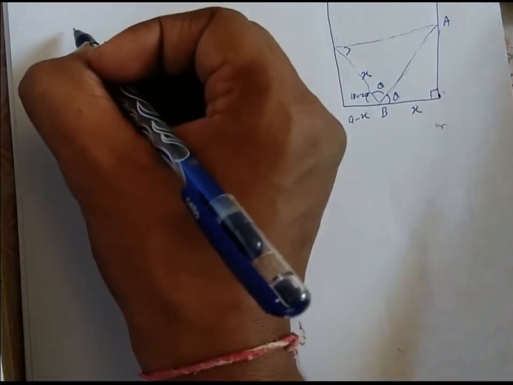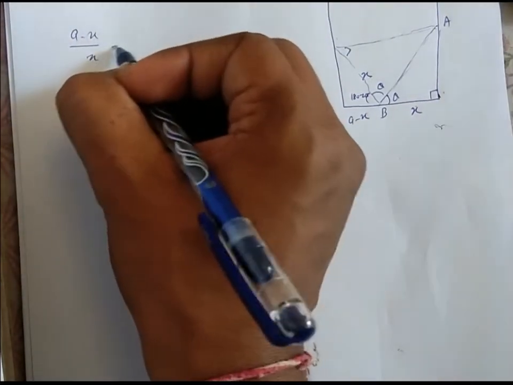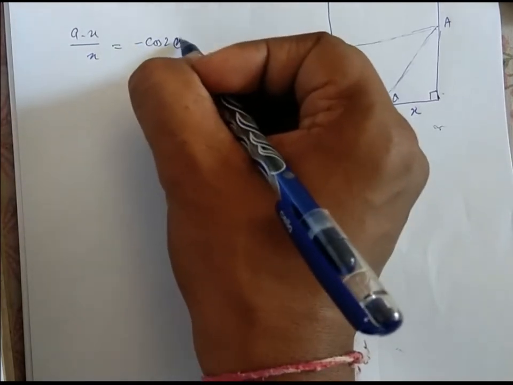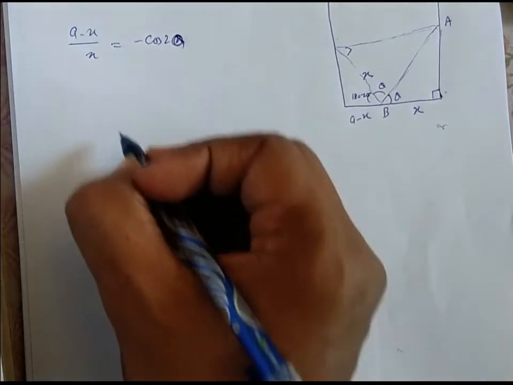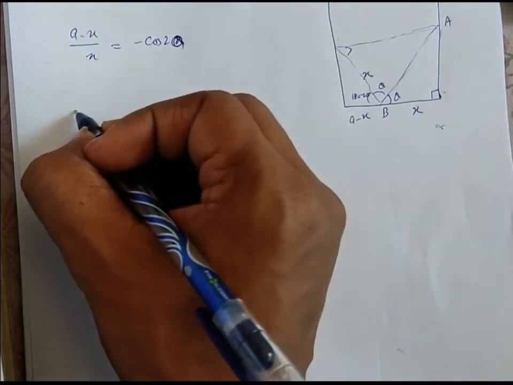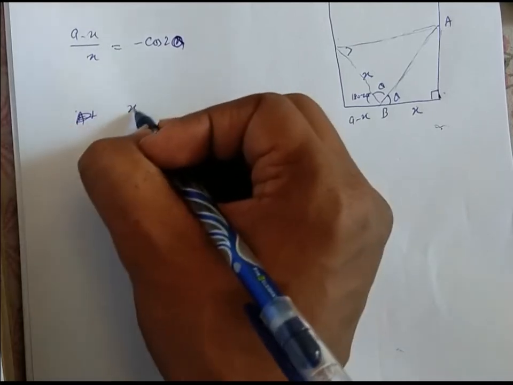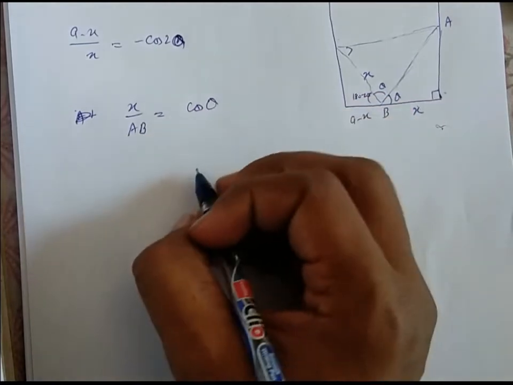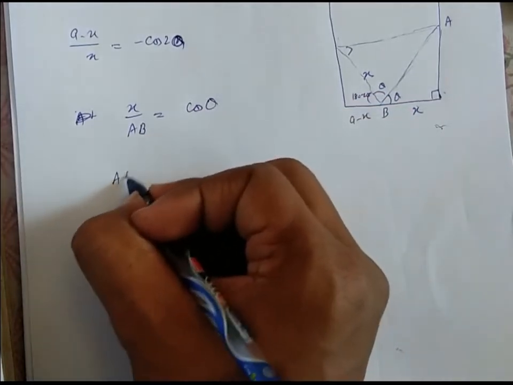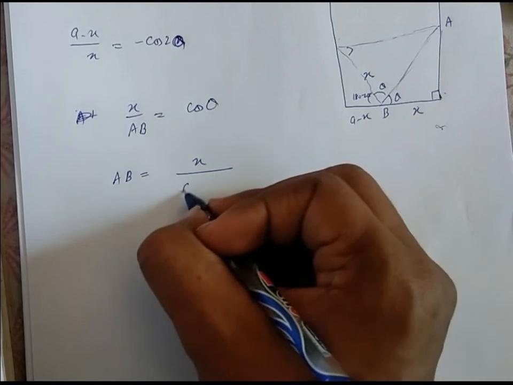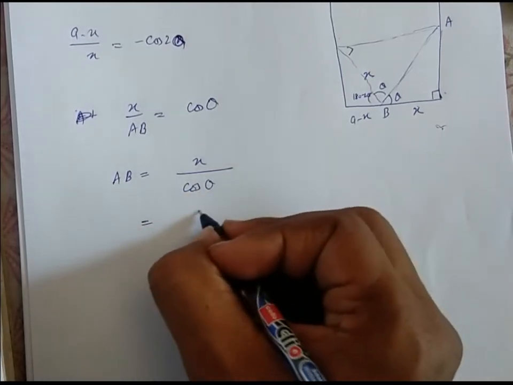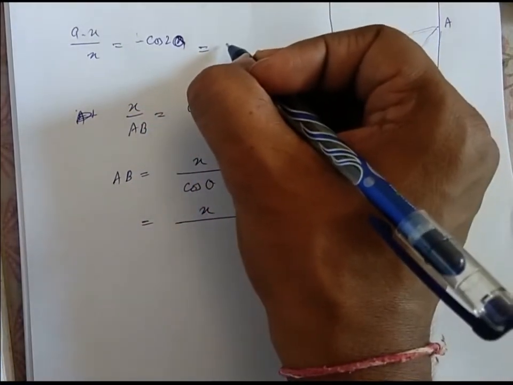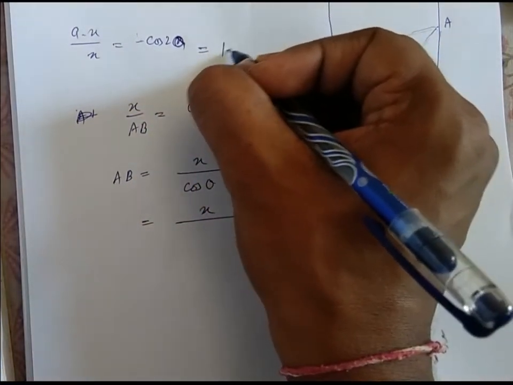So (A minus x) upon x will be equal to minus cos 2 theta, and x upon AB would be equal to cos theta. So AB would be equal to x upon cos theta. Now calculate cos theta from over here. Minus cos 2 theta is 1 minus 2 cos square theta.